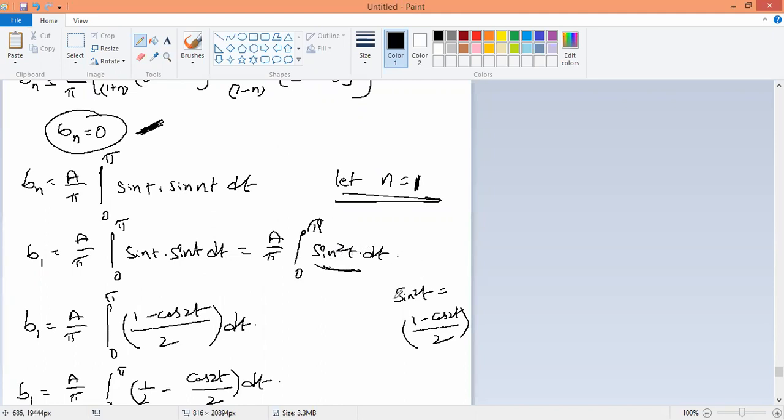Already we know the sin square t value. What is the sin square t value? 1 minus cos 2t by 2. So substitute this value, 1 minus cos 2t by 2. Next, 1 by 2 minus cos 2t by 2.